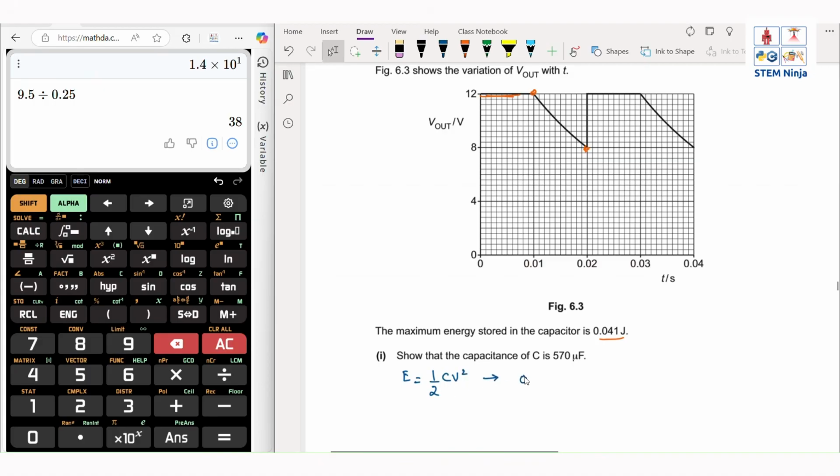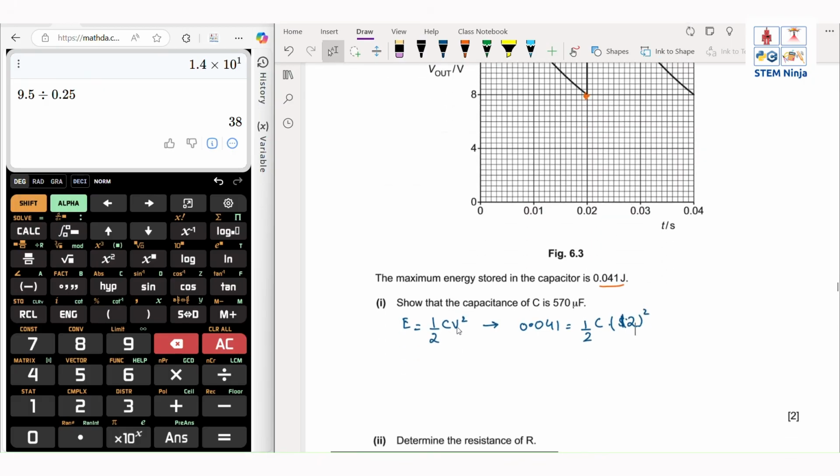So we have 0.041 equals half C times 12 squared. So C is 0.041 times 2 divided by 144.